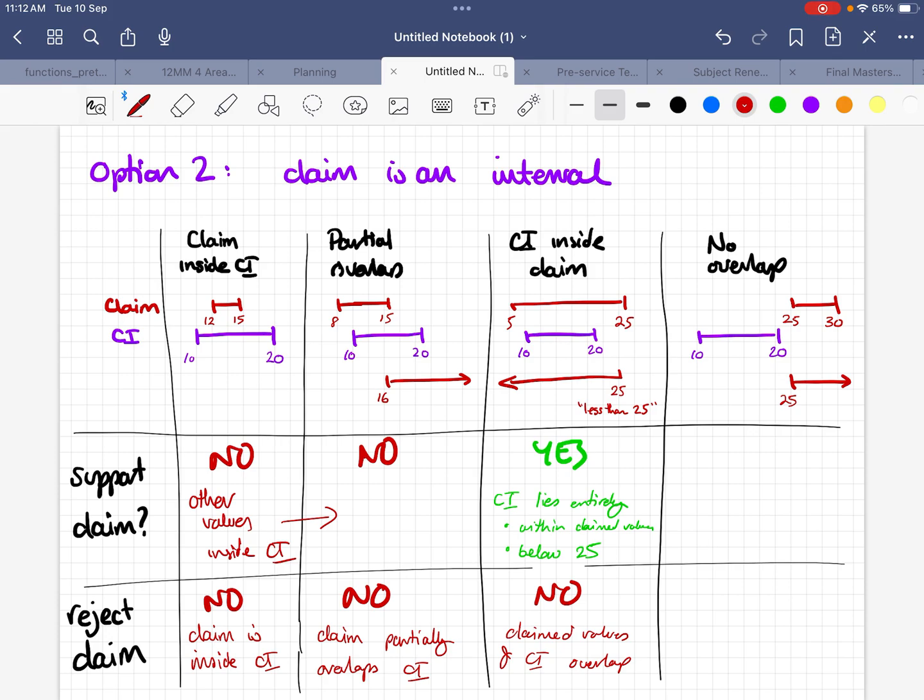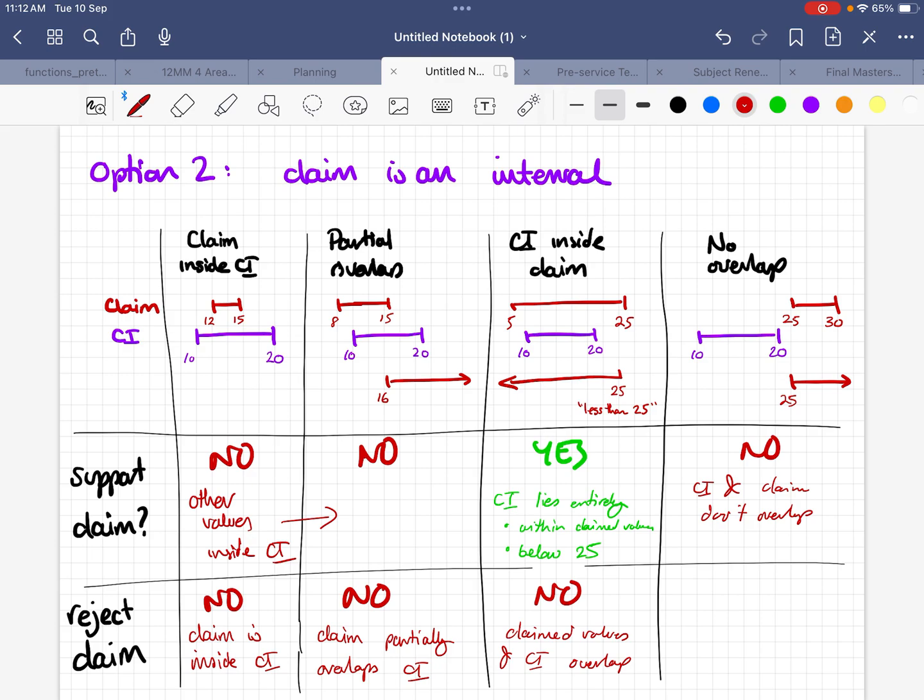Okay, when they overlap, then we're not rejecting it, because it's entirely plausible the true mean is within those values. Finally, if there is no overlap, well, we're not supporting that claim, and that reason is quite simple. It's kind of the same as what we said earlier. There are other values inside the confidence interval, but realistically it's because the confidence interval and claim don't overlap.